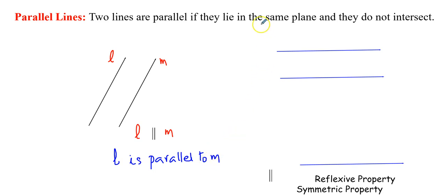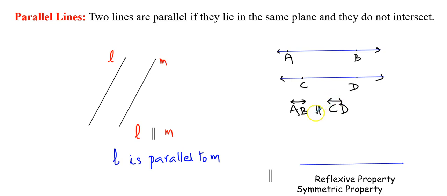Now, in this case, we have two lines. Let me name them differently. I'll call this line AB, and this is line CD. So the line AB is parallel to CD.